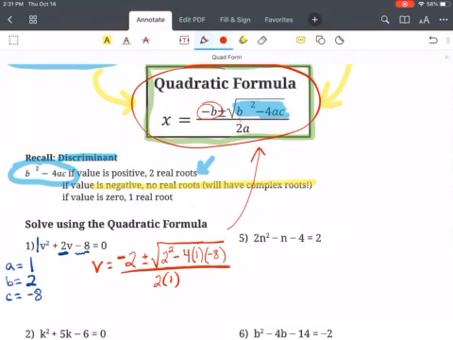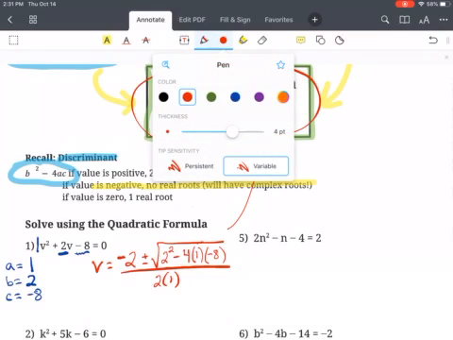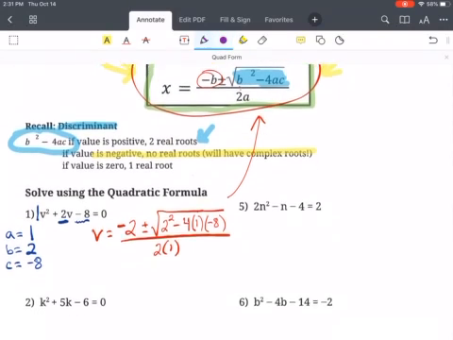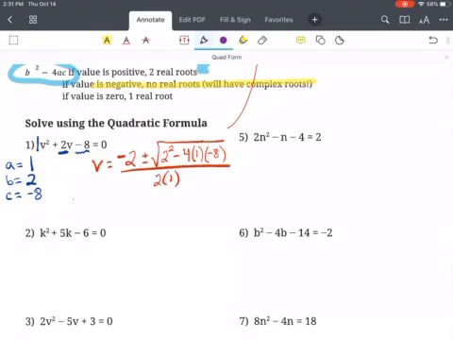As a reminder, I'm taking all of this from the quadratic formula up top and substituting it in. Now we need to remember our order of operations and be very careful. v is equal to negative 2 plus or minus 2 squared, which is 4, minus 4 times 1, which is 4, and 4 times negative 8 is negative 32. So we're doing a minus negative 32, and remember, when it's minus and negative, it really changes to plus.